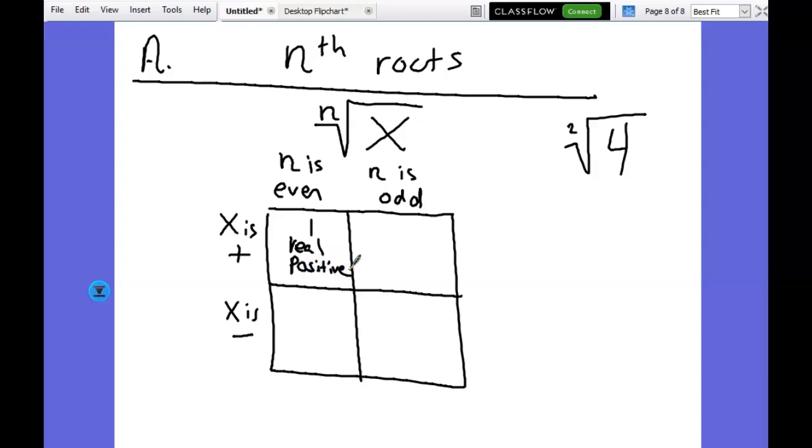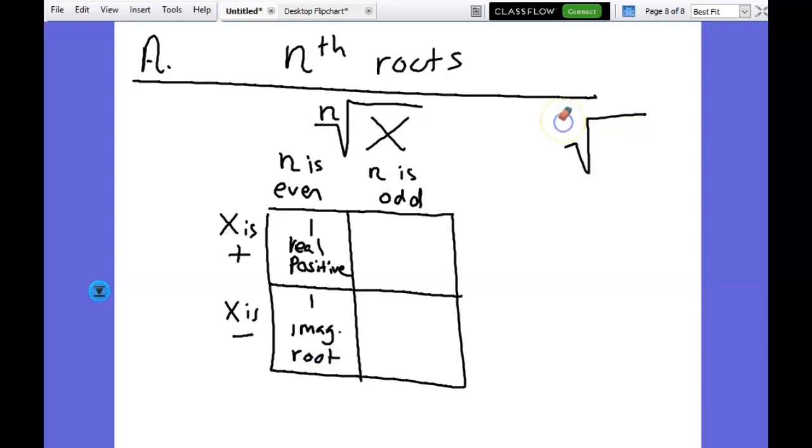The square root of 4 is 2, right? What happened whenever I still had an even root, but I make the inside negative? What do I end up with there? I end up with 1 imaginary root, right?